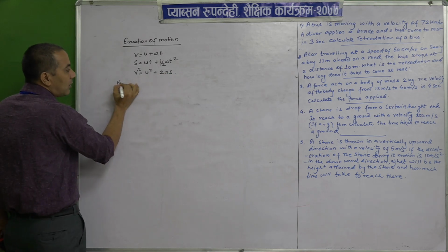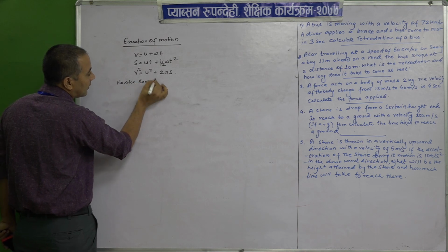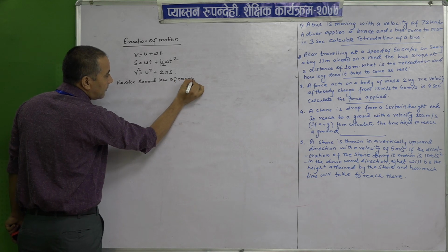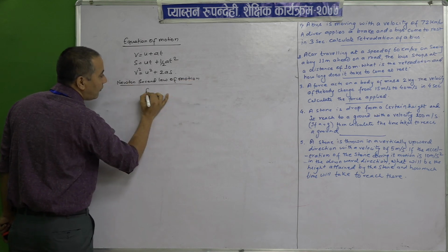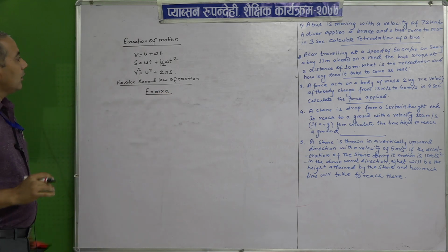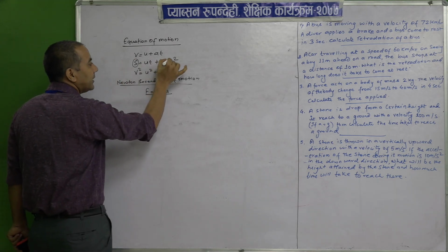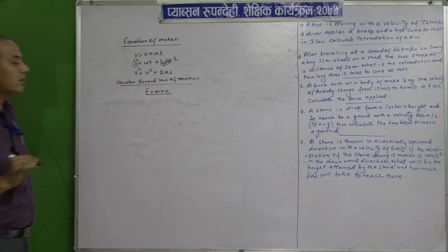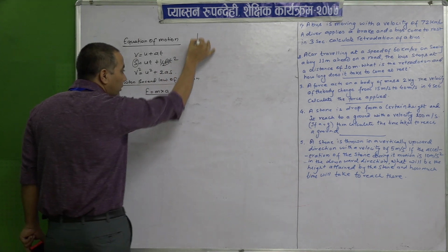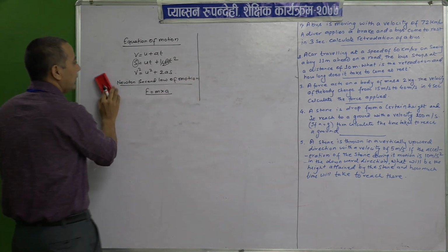Then Newton's second law of motion gives the formula F equals m into a. And for upward motion, we have changed the formula using height and gravity. Relating to these formulas, we will do some numerical problems.